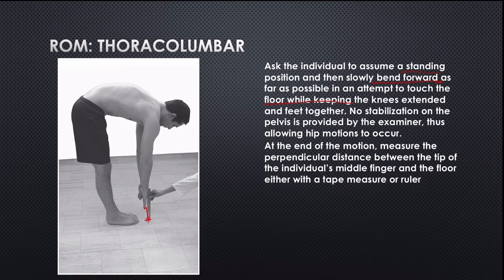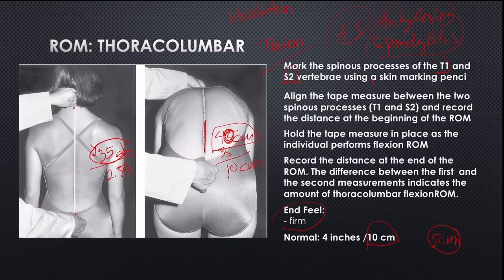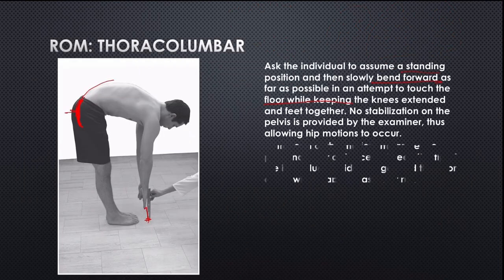If you have tight hip flexors, because there is forward bending, you cannot further touch the ground, right? Because this is tight, the patient will complain of pain here, not on the lumbar region. So there are other key factors that will affect this motion. That's why the most useful one is the first one, the tape measurement.